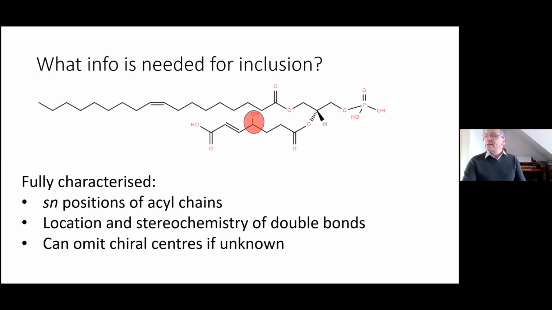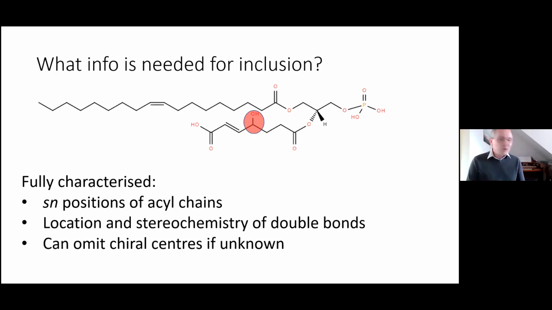We can omit chiral centers, for instance, the chirality of this hydroxyl, if it's not known. Preferably, obviously, we'd like it as fully characterized as possible, but there are some things we can get away with. So that's a brief run through LMSD.